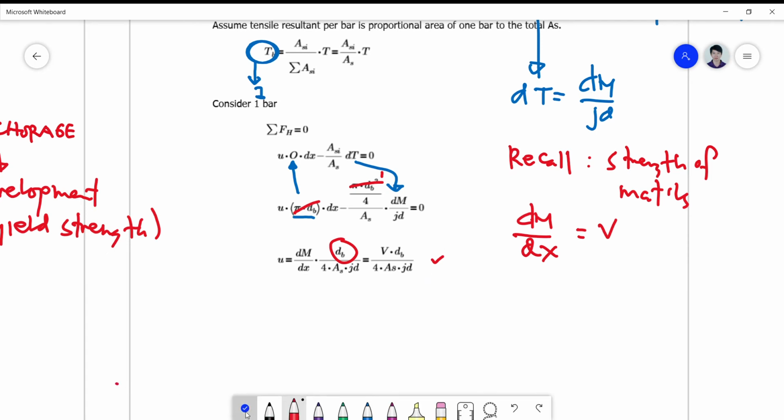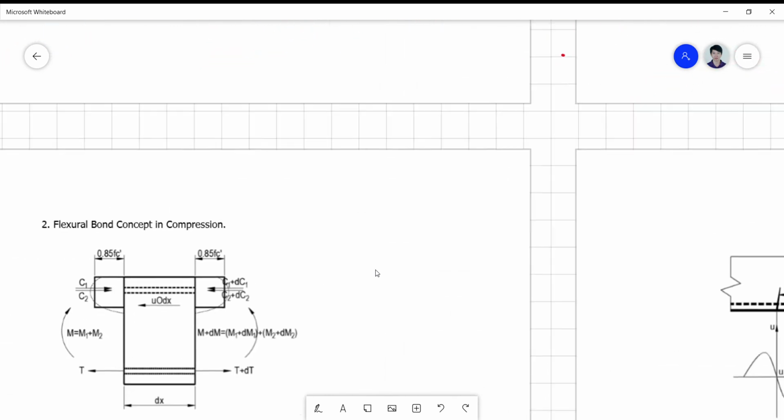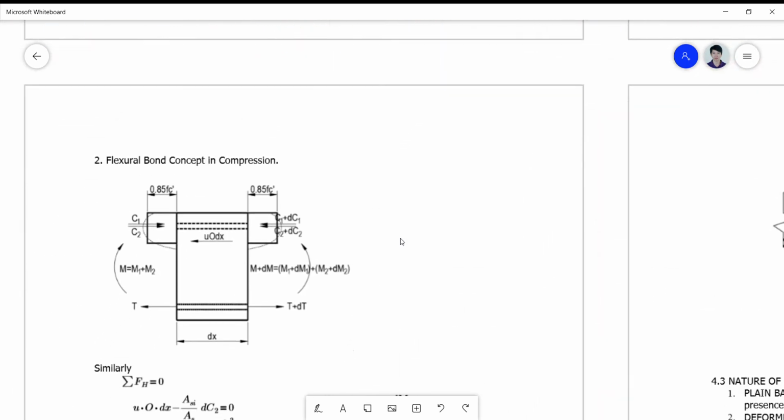So that is for tension. So for compression reinforcement, it's all about the same, no? Only this time we add a compression bar there to indicate C2.